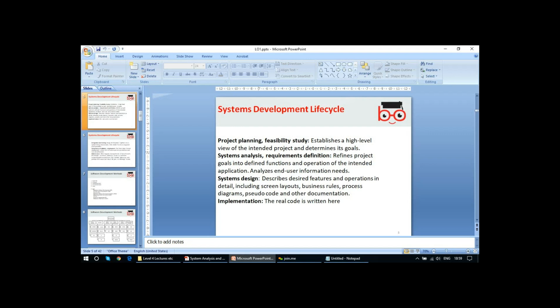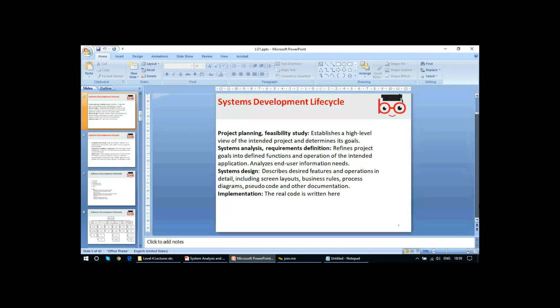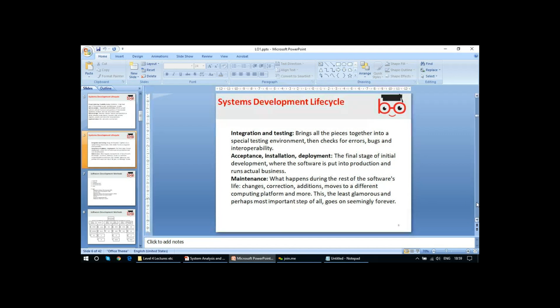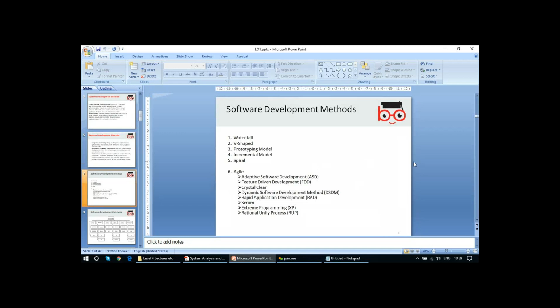The rest of the stories would fall in between them. And then these few steps: integration and testing, acceptance, installation, maintenance, I already explained to you.